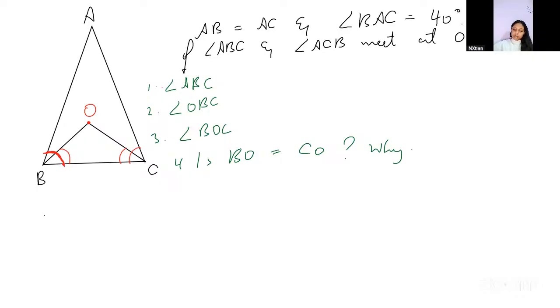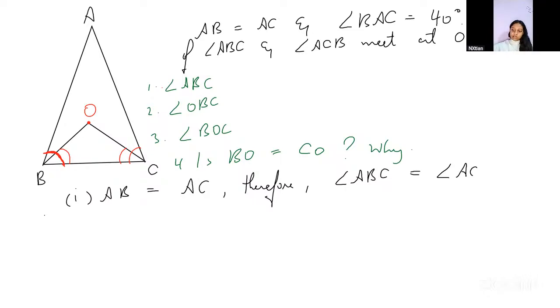I'm just putting the number 1 here. Therefore, angle ABC will also be equal to angle ACB. Why? Because angles opposite to equal sides are equal. ABC equals ACB.